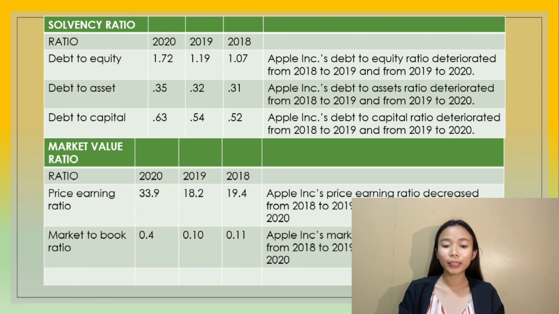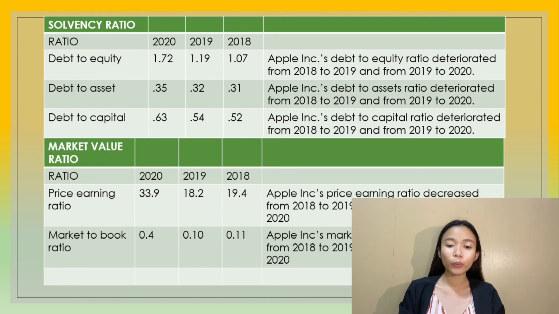So another type of financial ratio is the solvency ratio. We have here the debt to equity ratio. The debt to equity ratio of Apple deteriorated from 2018 to 2019 and from 2019 to 2020. So having a 1.72 ratio for 2020 means that the company has more debt than its equity.